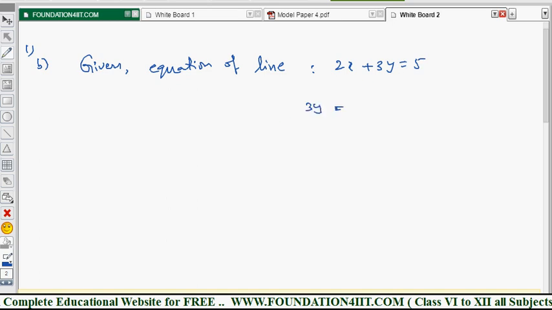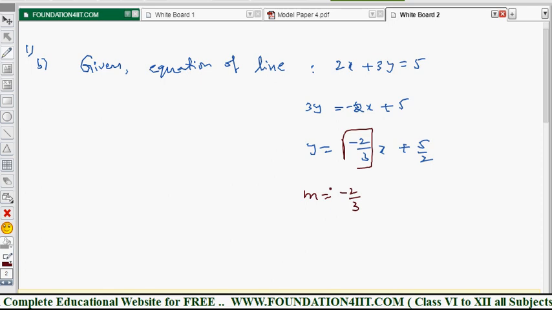If you convert it into y is equal to mx plus c format, 3y is minus 2x plus 5. Then y is equal to minus 2 by 3 x plus 5 by 3. The coefficient of x is m, so m is equal to minus 2 by 3. The slope is minus 2 by 3.